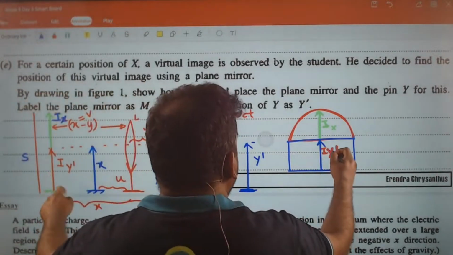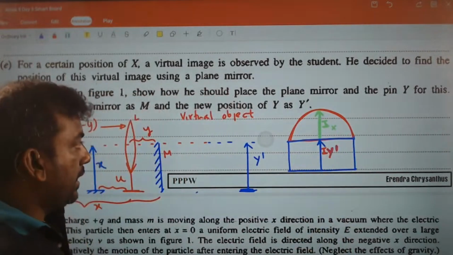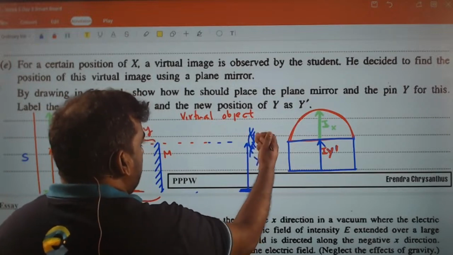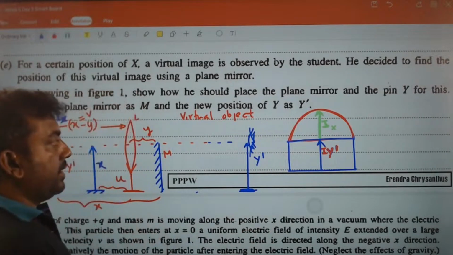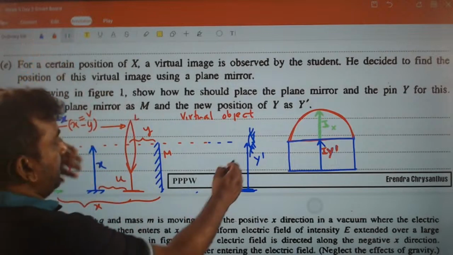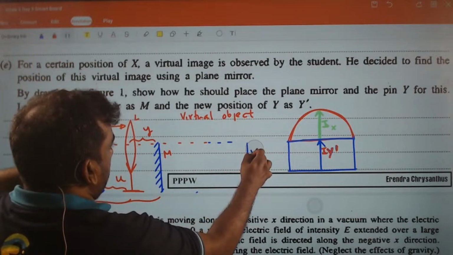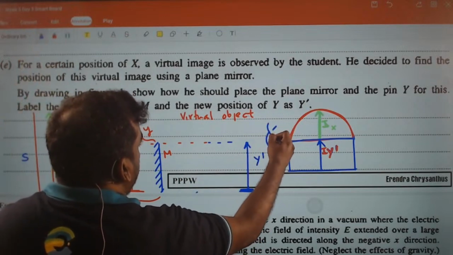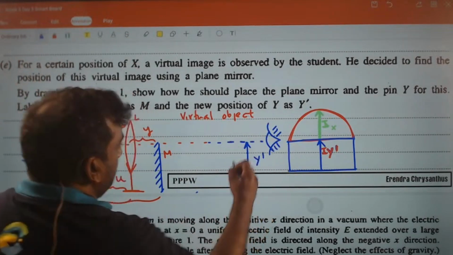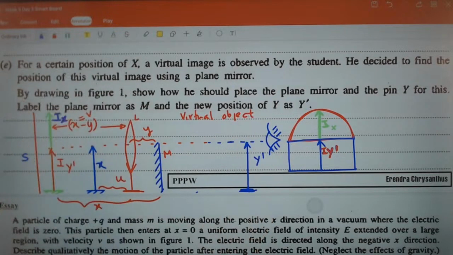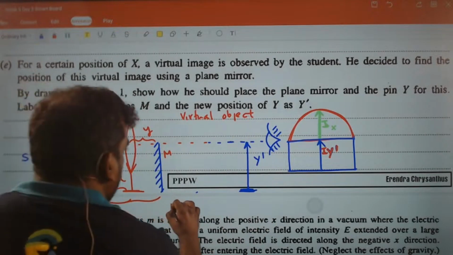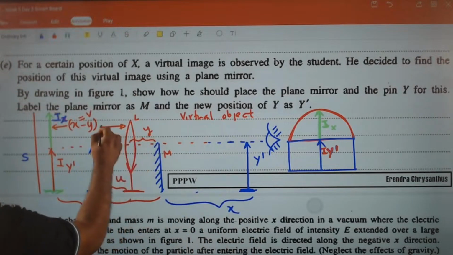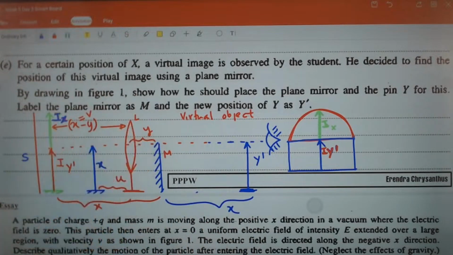Image of Y dash, image of X. I move the eye in the lateral direction, so that there is no relative motion. From here to here it's X. This is also X. If this is Y, X minus Y is the image distance.